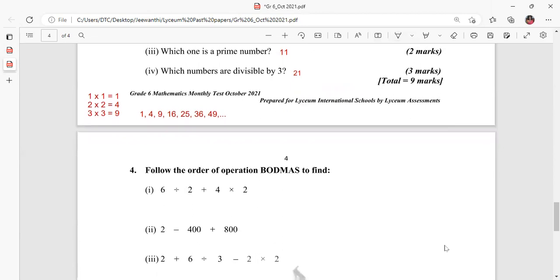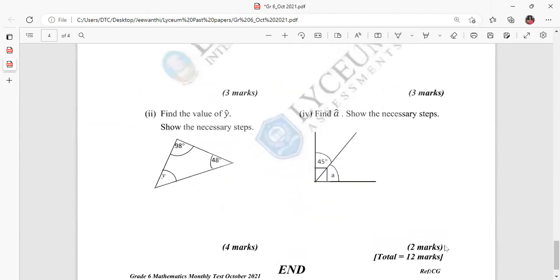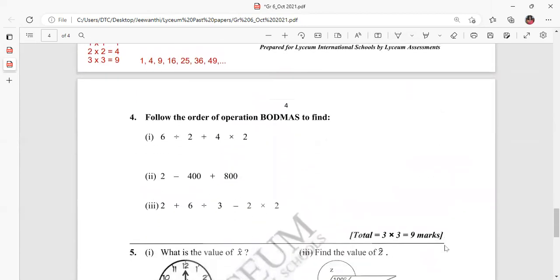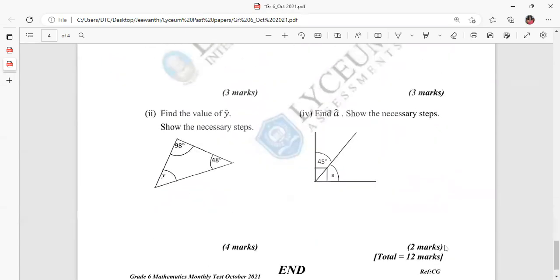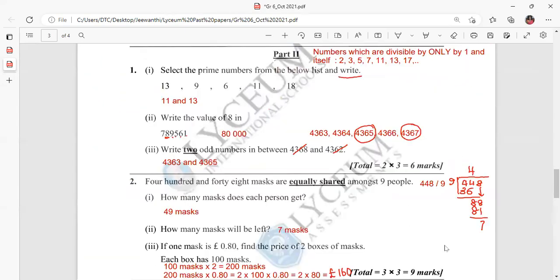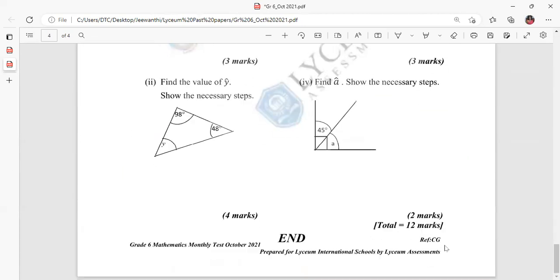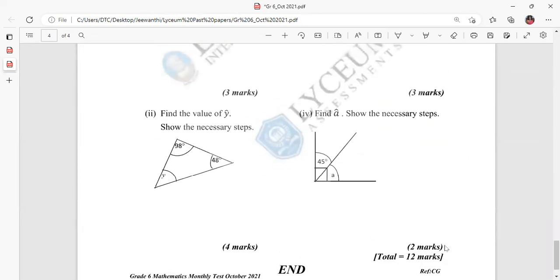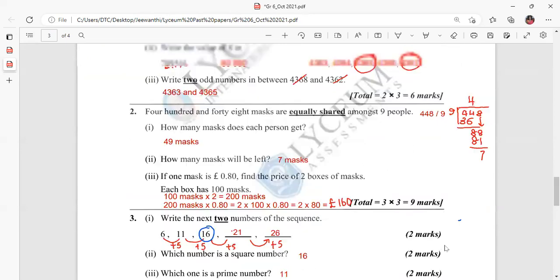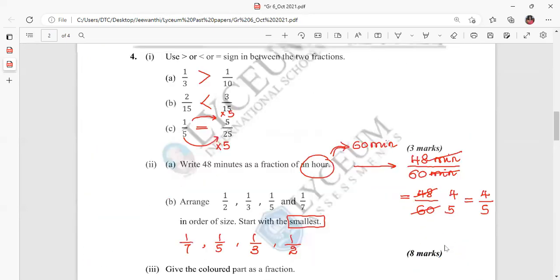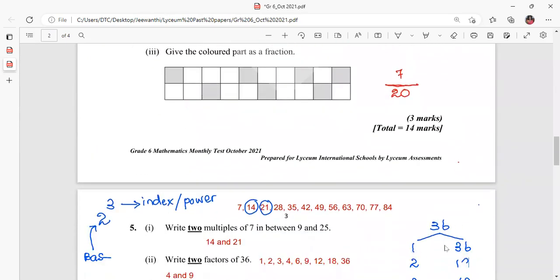We have 2 more questions. I think it's better to take another part, otherwise it will be boring for you. For the last two questions, I will take another video. So then we will discuss question numbers 4 and 5 in part 1.